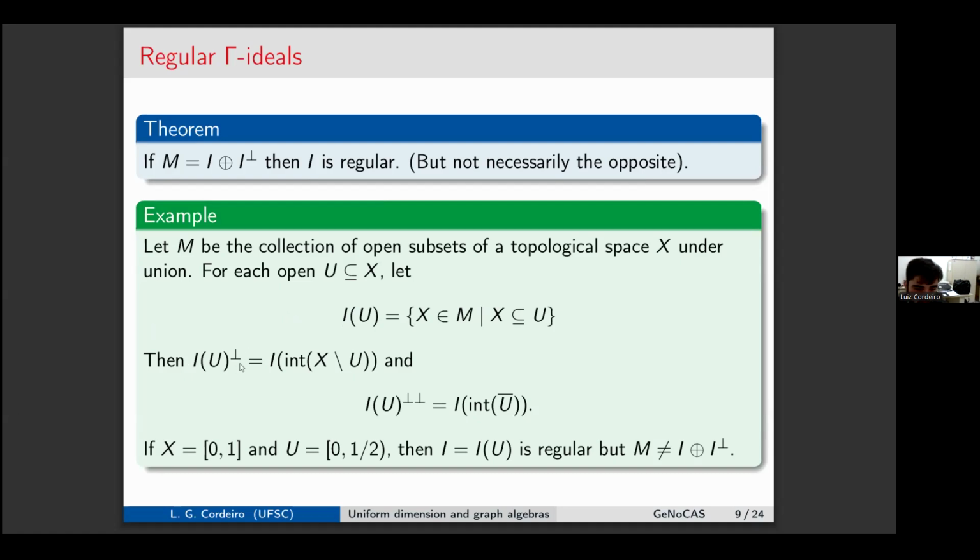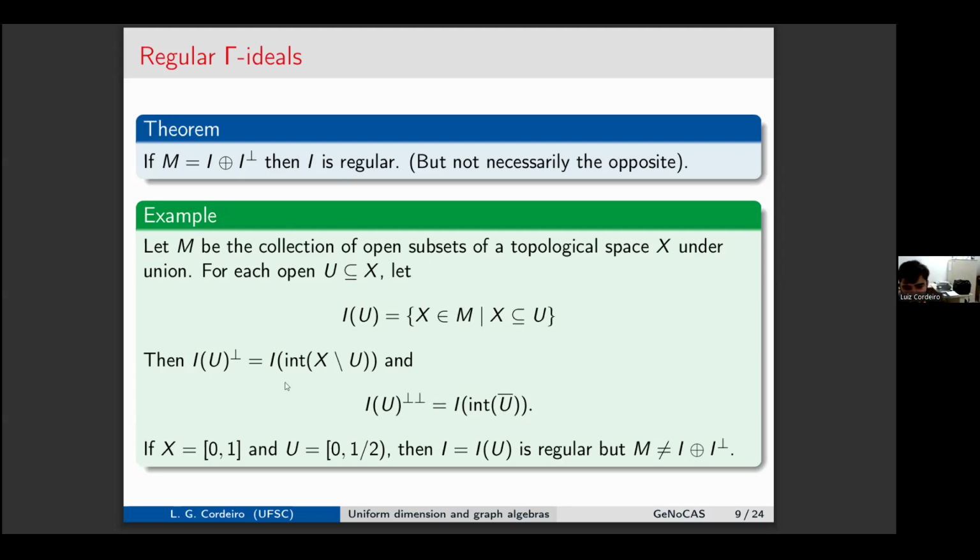And we can show with not too much trouble that the annihilator of the ideal induced by an open set is the ideal induced by its usual complement in the algebra of open sets of the topological space X. And so the double annihilator of an ideal U is the ideal induced by the regularization of the open set, the interior of the closure of the original open set.